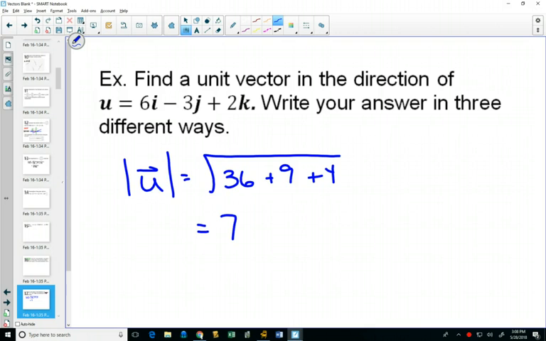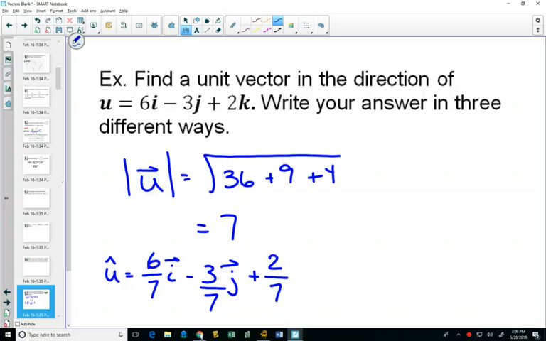And so if we want to make our unit vector, we would need to take that length of 7 and divide each of them by 7.